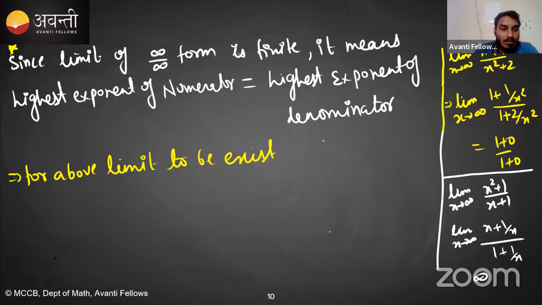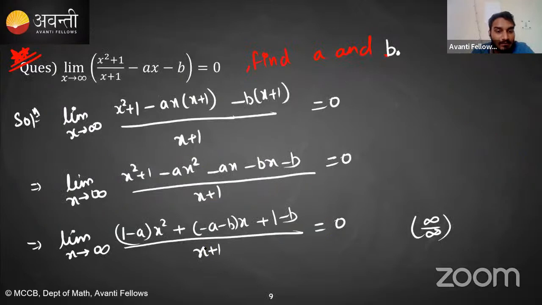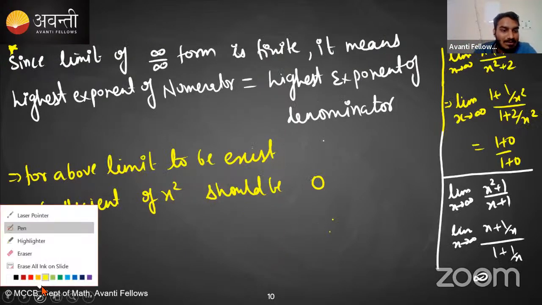Yes or no? The coefficient of x square should be 0. Is this clear? Because the highest power in the denominator is 1. Right? So it means the highest power in the numerator should be 1 for this limit to exist. Am I clear?